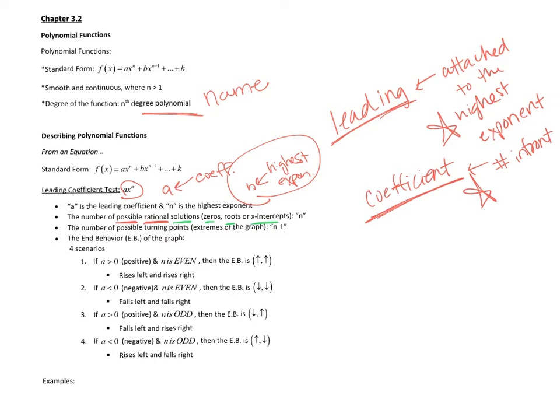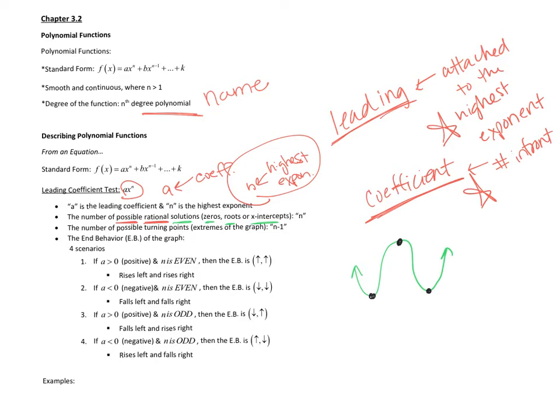The next thing that it can tell us is the number of possible turning points. So we call them now a turning point from what we used to call them a max or a min, an extreme. So for example, if I draw any polynomial, let's just draw one here. Remember, smooth and continuous, so it would go off to infinity. A turning point is described by what we used to say is a max and min.